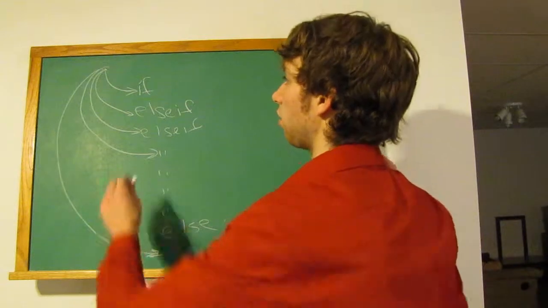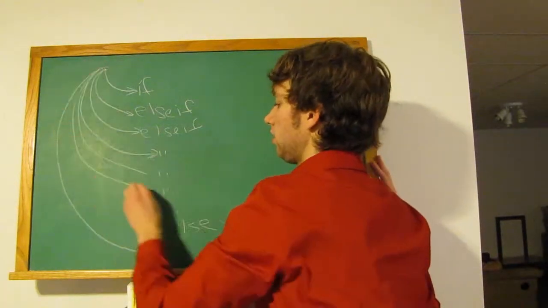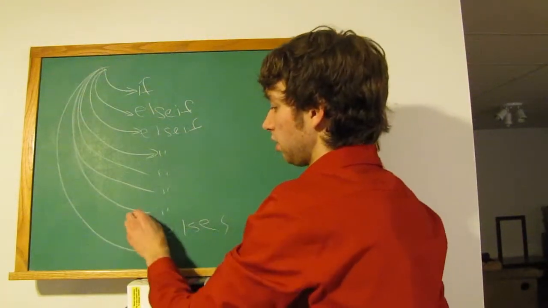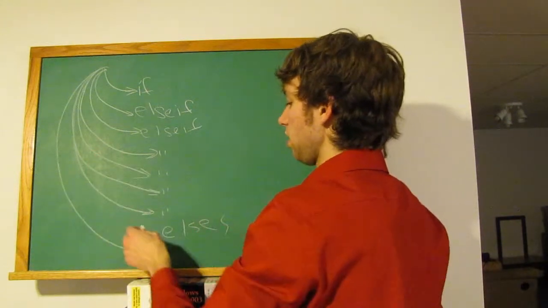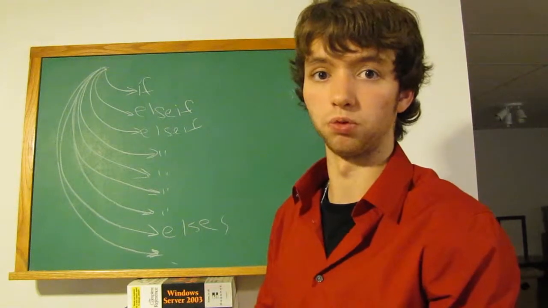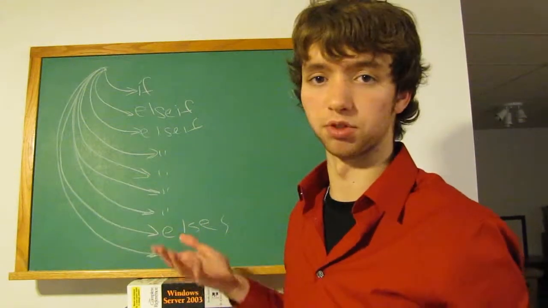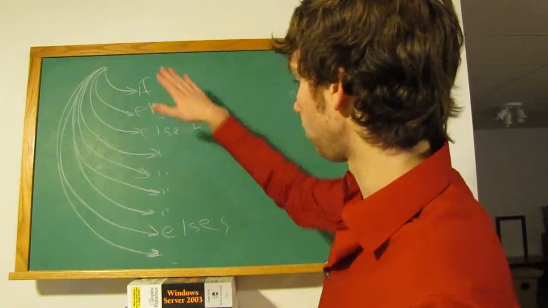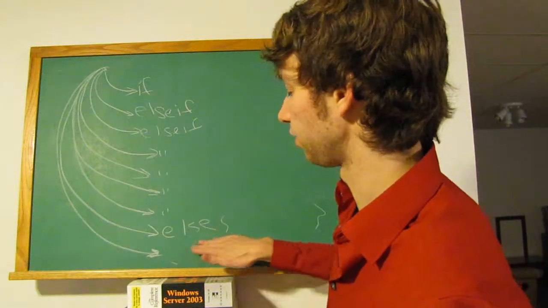Now, let's say they're all false. So this one, and this one. Well, that means the only resort is the else, which is going to run if all the others are not true. The else is optional, by the way. So if all of these come out as false, then the else is going to run.